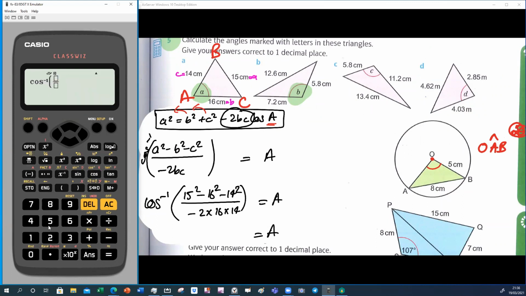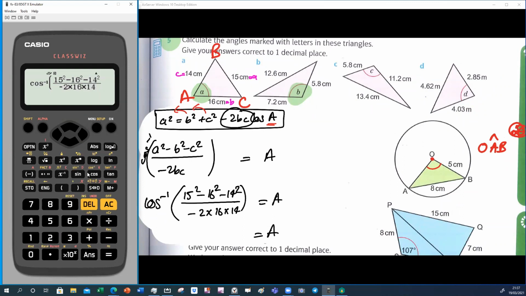Use the fraction button. 15 squared, take away 16 squared, take away 14 squared, bring it to the bottom, and then use brackets: minus 2 times 16 times 14.